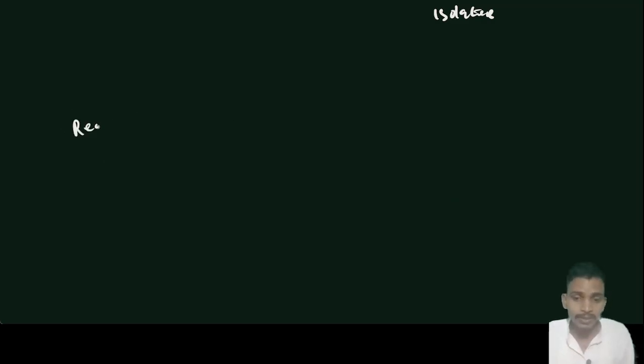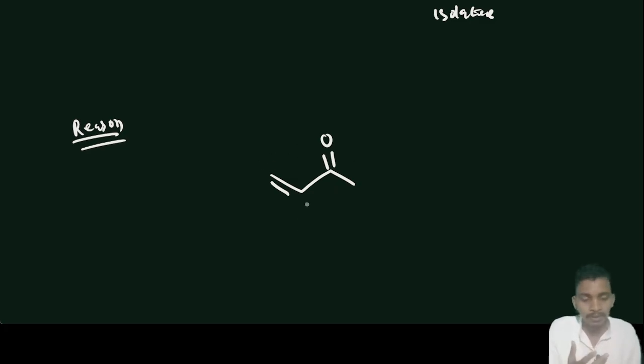So the reason is, what is found is that, let's say if you have these groups, and it is a carbonyl group with a double bond conjugated to this carbonyl group, then in this case if you do the resonance, we look here that this will shift here, because this is the electronegative group, and this is going to shift like this.